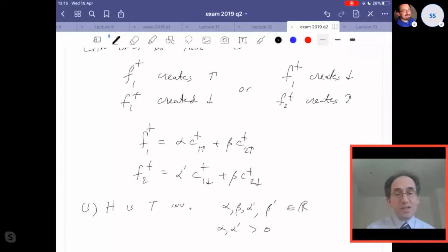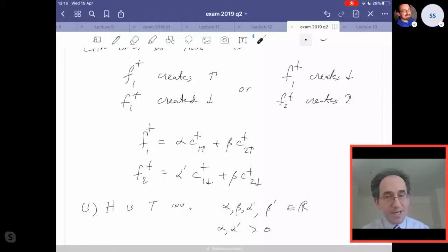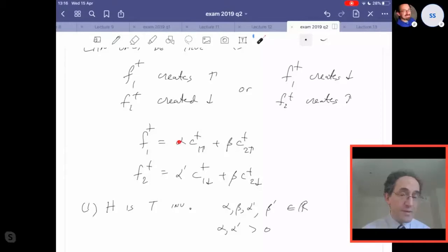This is just an overall phase, because if alpha came out negative, I could just multiply the entire creation operator by -1. That's another acceptable creation operator. It creates the same orbital with just a different phase reference, so I can always choose alpha to be positive, but then beta could be positive or negative.